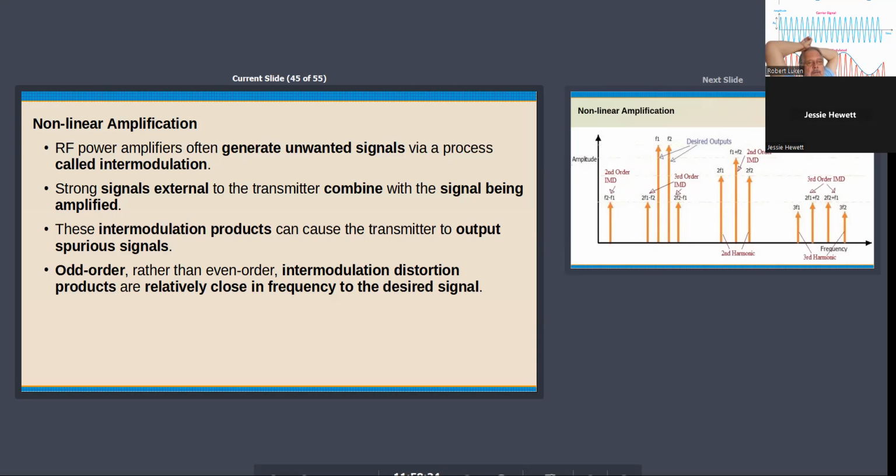The ones that you care about the most are the odd order or the third harmonic, because it turns out that even though the third harmonic is 3 times the frequency, in one case one of the products will be adjacent to your actual carrier frequency. So it's hard to filter them out because they're within the pass band.